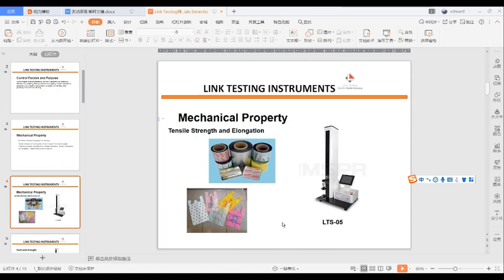In this process, it's very easy to push it or throw it about. So the tensile force is very important to keep it intact, so it can avoid the leakage issues of these packagings.